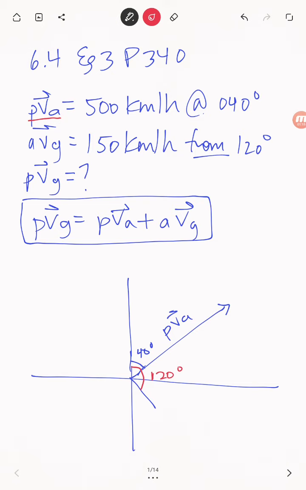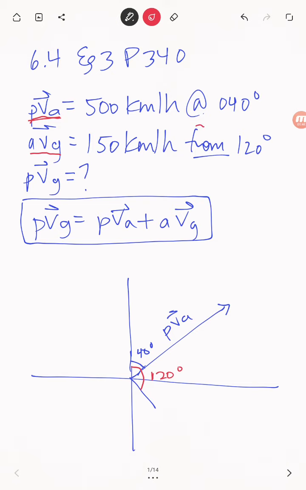Notice the notation I'm using for the plane: the airspeed is the velocity of the plane relative to the air, and that's why I have PVA. For the wind, that's the velocity of the air relative to the ground, how fast the air is moving relative to the ground, so I've called that AVG, and that's given as 150 kilometers per hour from a bearing of 120 degrees.